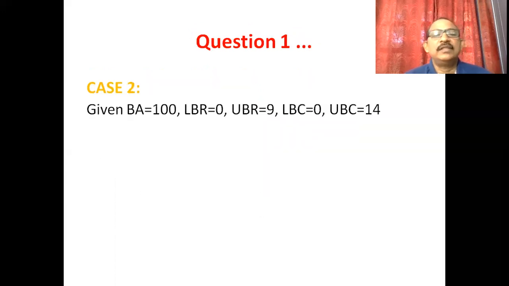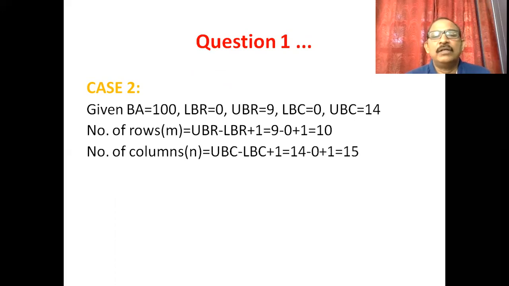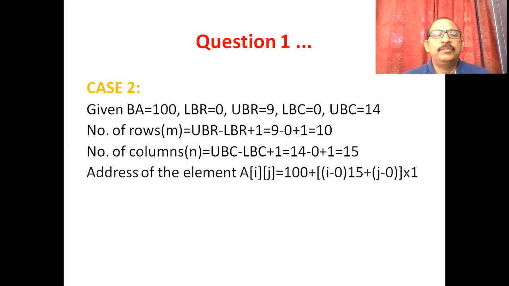Let's take the second case. Base address is 100, lower bound of row 0, upper bound 9, lower bound of column is 0, upper bound of column is 14. Number of rows is upper bound row minus lower bound row plus 1, 9 minus 0 plus 1, that is 10. Number of columns, upper bound of column minus lower bound of column plus 1, that is 14 minus 0 plus 1, equal to 15.